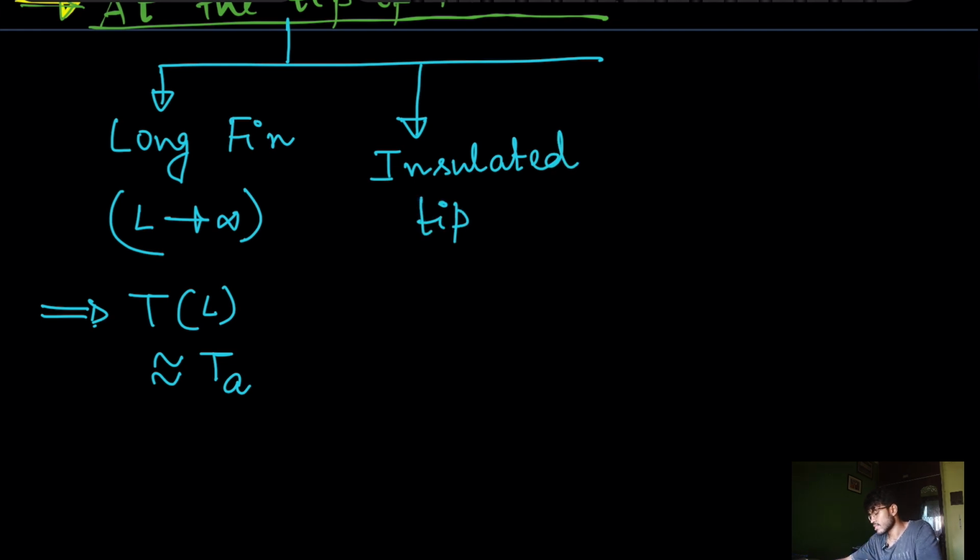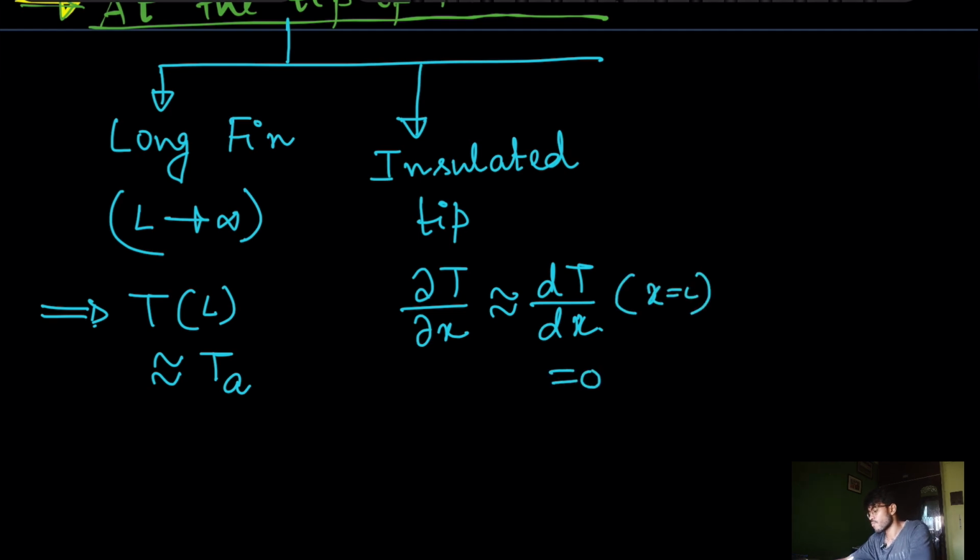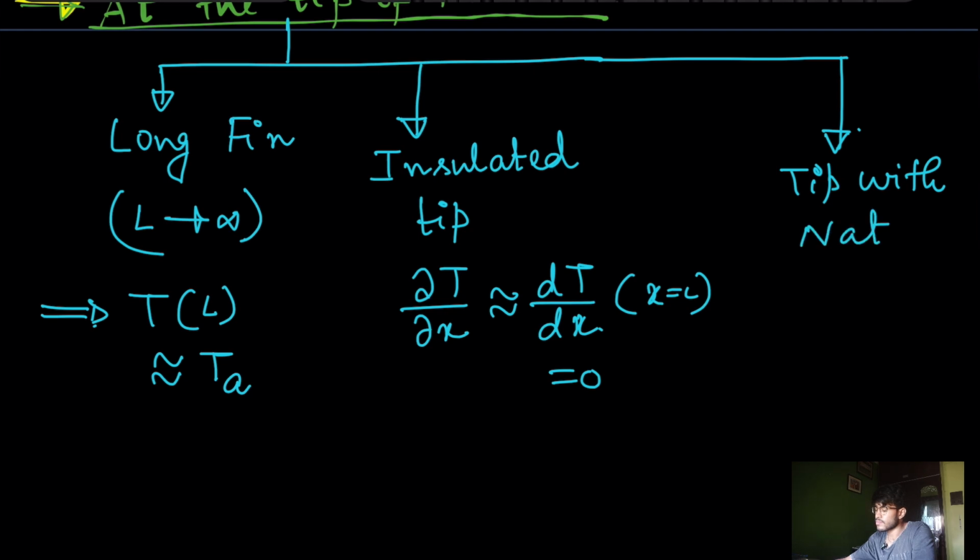Then we can have an insulated tip, that is dT dx, here you write dT dx and not del T del x because T is only a function of x, at x equal to L is equal to 0. And finally we can have the tip with natural convection.